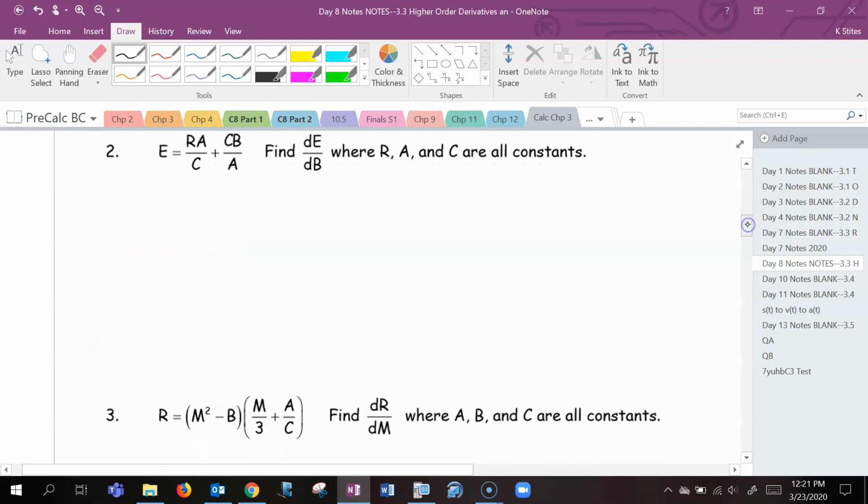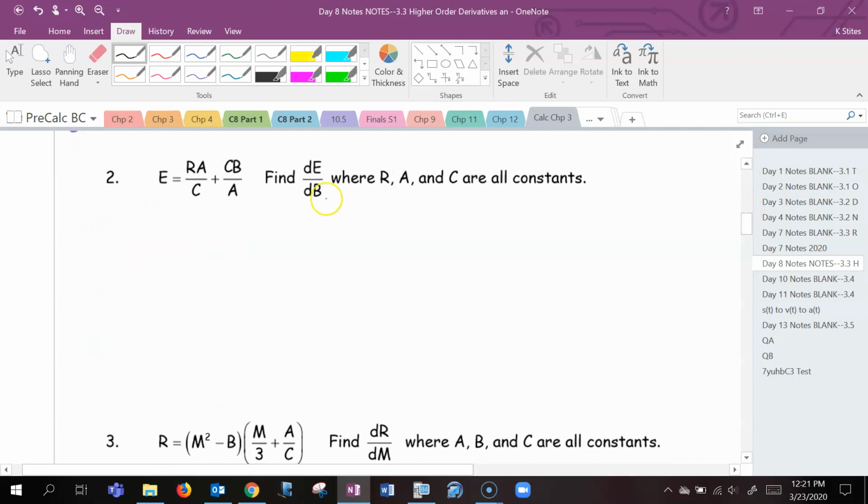Alright, now this one gets a little trickier. We're going to find dE dB, so that's the derivative of E with respect to B, where R, A, and C are all constants. Alright, so B here is the only variable. R, A, and C are just numbers. So when we're taking the derivative, or E prime, the derivative of this whole thing is just 0, because those are just numbers.